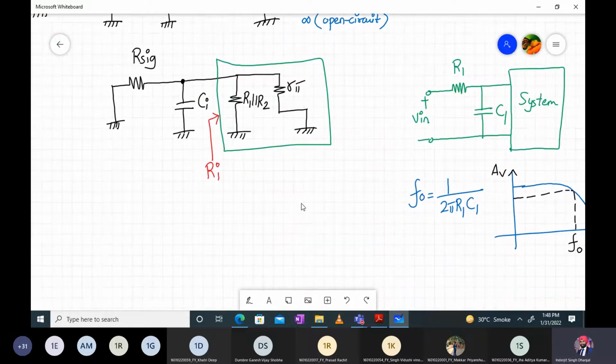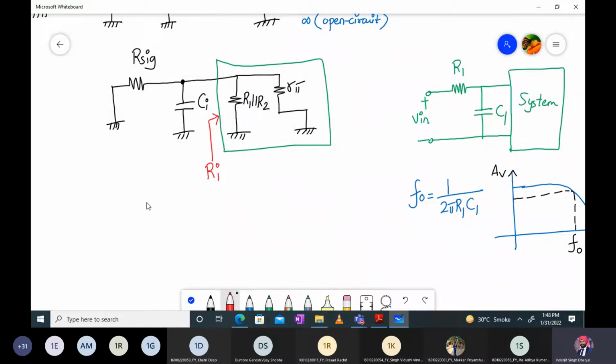Quickly tell me what is Ri. Ri will be R1 parallel to R2 parallel to R pi.